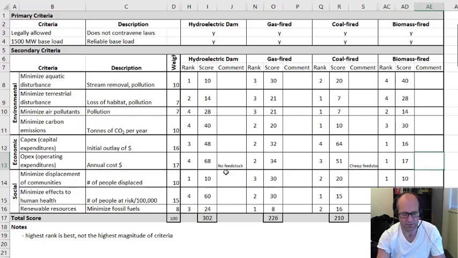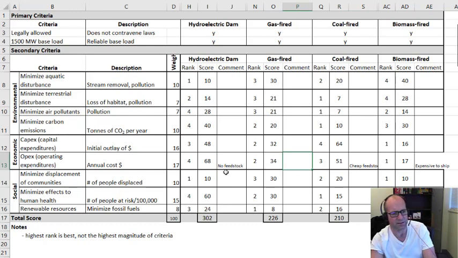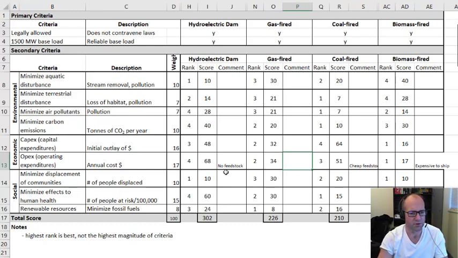For biomass, we would say expensive to ship. Even though the feedstock might not be expensive, it's the shipping. And all this does is it explains to somebody, if they want to come back and look at this in a week or a month or a year, and they can understand.